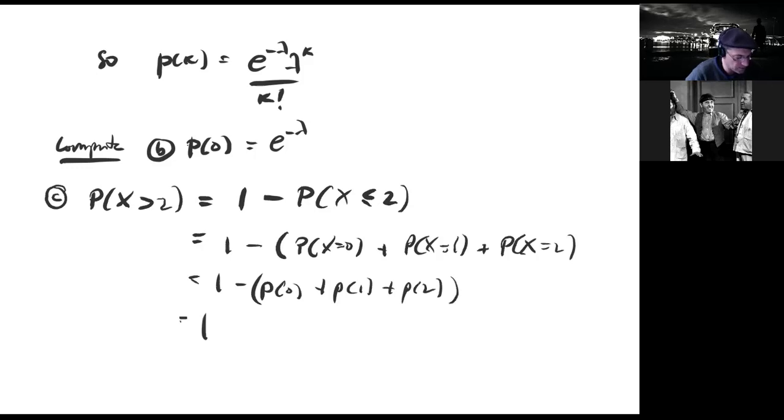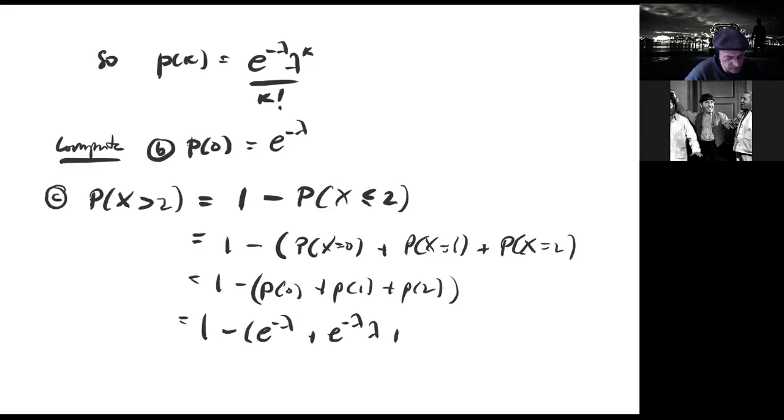So that's 1 minus, we know p of 0 is e to the minus lambda. We know what p of 1 is because we computed p of k. P of k is at the top of the slide, and that's e to the minus lambda times lambda to the first power over 1 factorial.